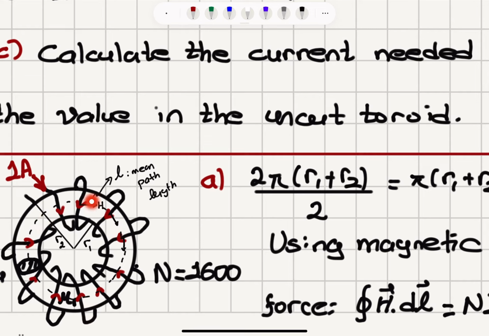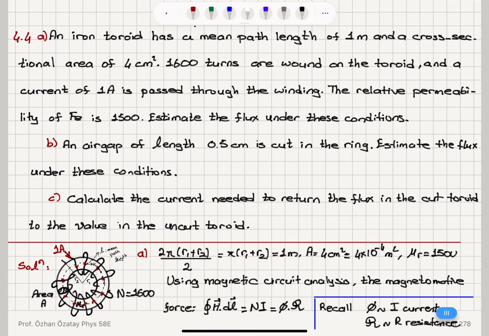And that magnetic field H is found by using Ampere's law, if you remember, and it is N times I for H, or mu 0 N times I for magnetic induction B. So the integral of H dot dl is basically going to give us the magnetic field multiplied by the path length L here. So this is going to be equal to N times I, that's phi flux multiplied by reluctance.